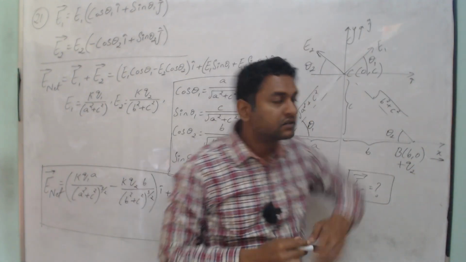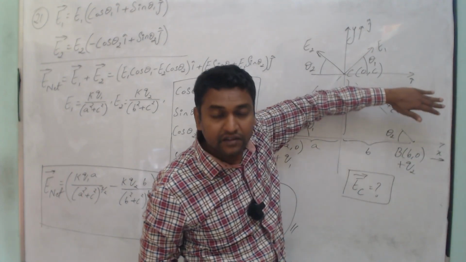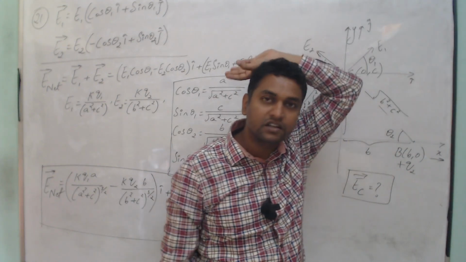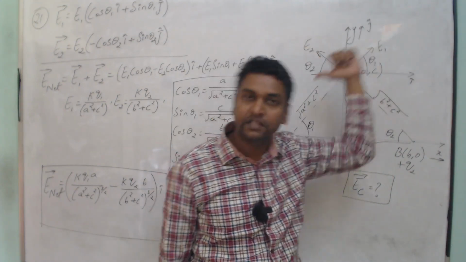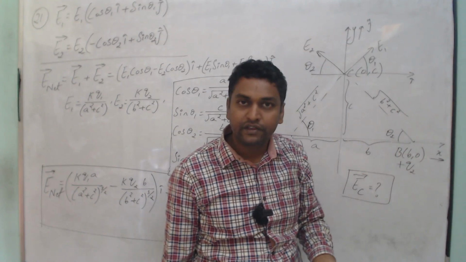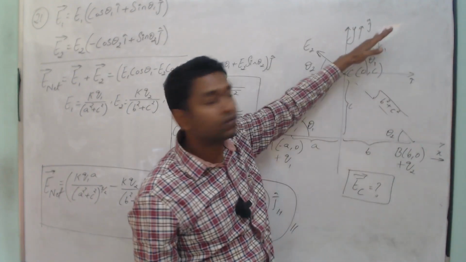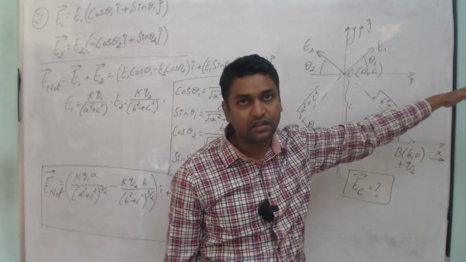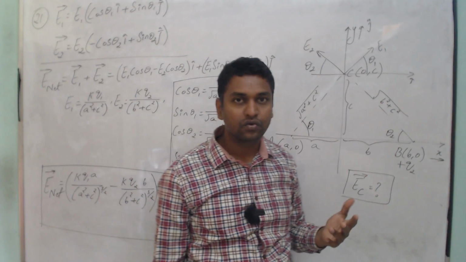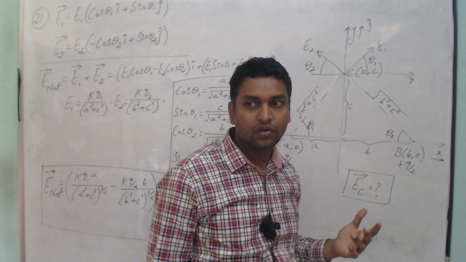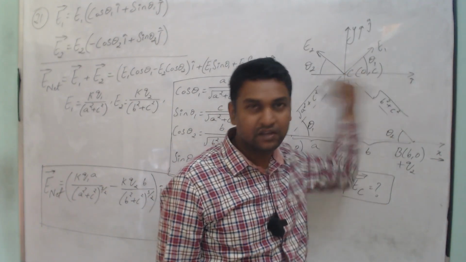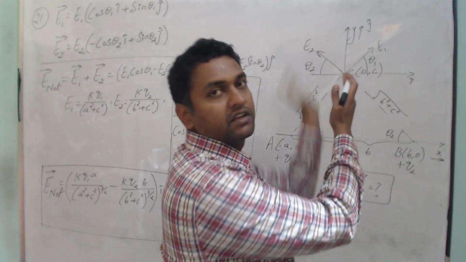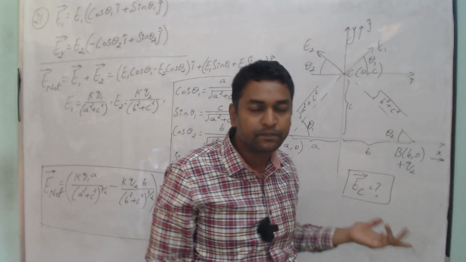Like they give angles of A and B. From here, if you start your own Cartesian and say let this angle be theta 1, this angle be theta 2, then you can also see that the resultant is E1 cos theta 1 minus E2 cos theta 2 along the x-axis, and along the y-axis E1 sin theta 1 and E2 sin theta 2 are adding each other.